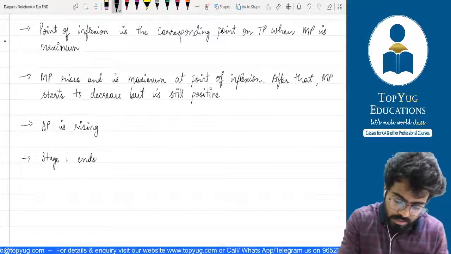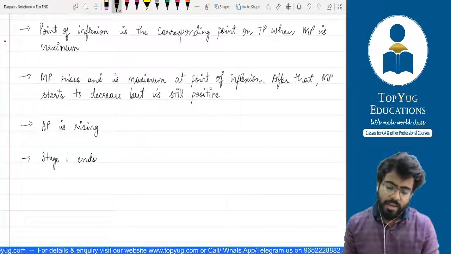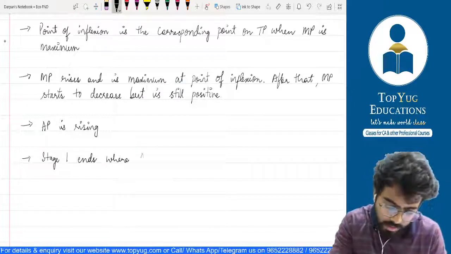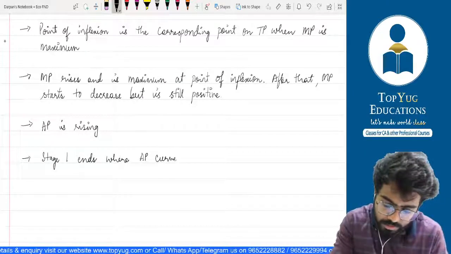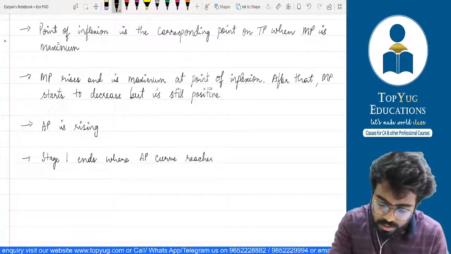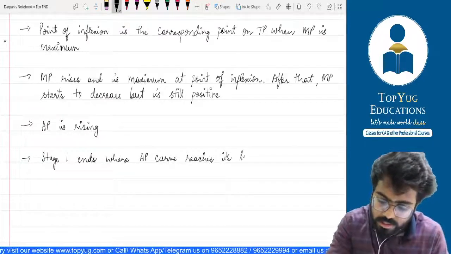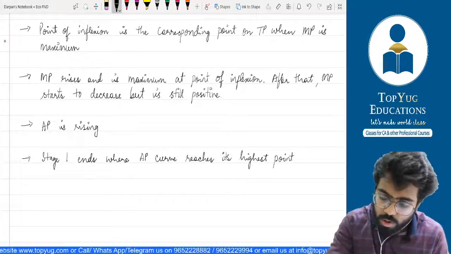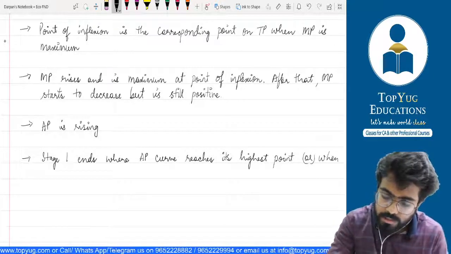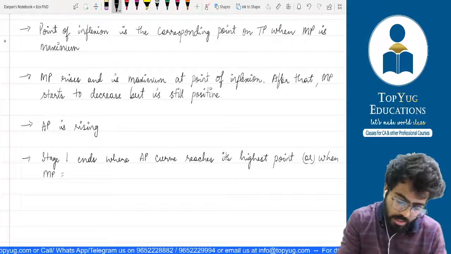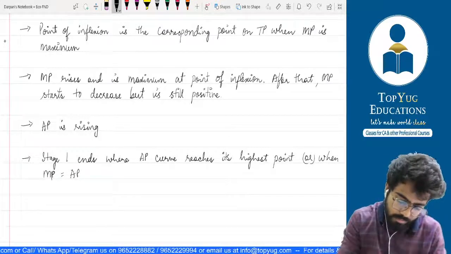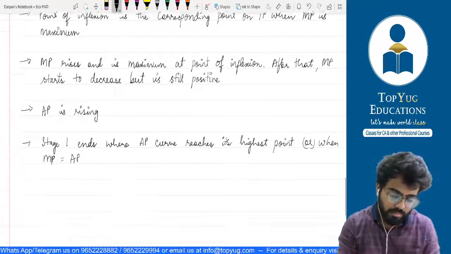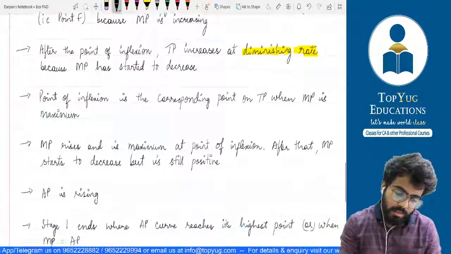So stage 1 ends where AP curve reaches its highest point, or when MP is equal to AP. Right?